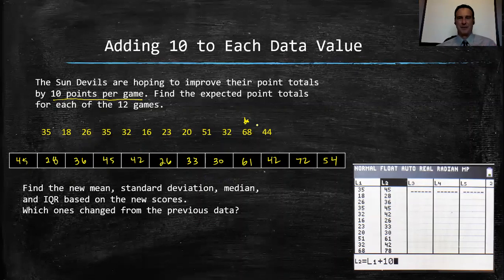Now, if you as a student don't want to do it in your head, because maybe sometimes they'll give you something a little bit more ugly than add 10, maybe they'll say add 16.4, and you're like, I don't want to add 16.4 in my head. You can do this. If this original data is in L1, here's what you can do.